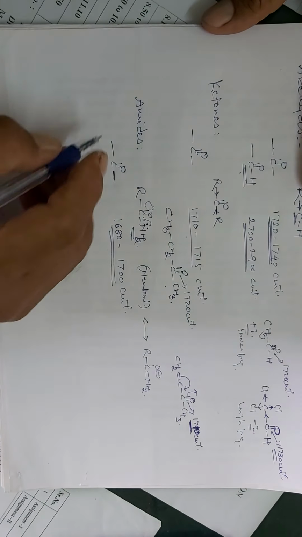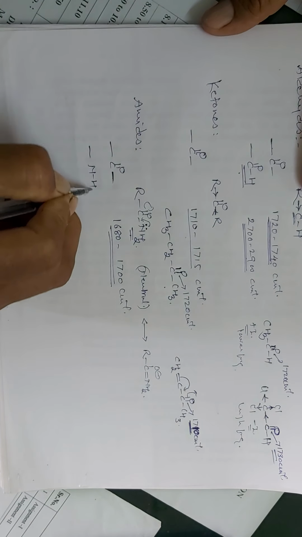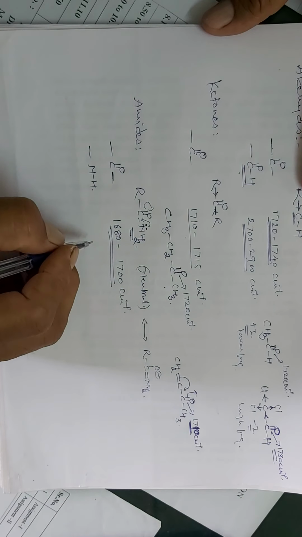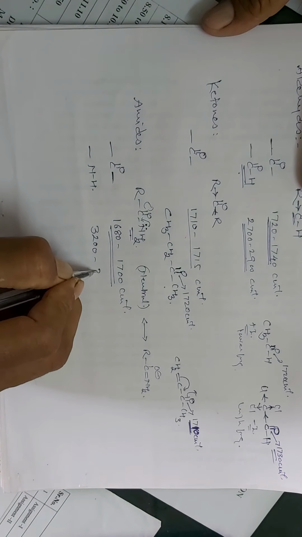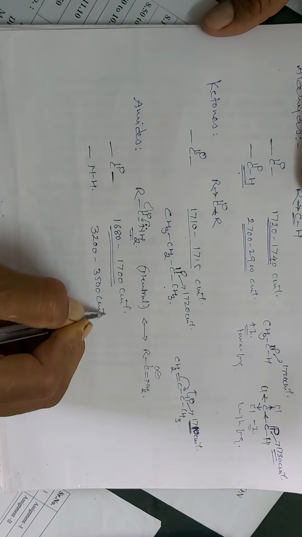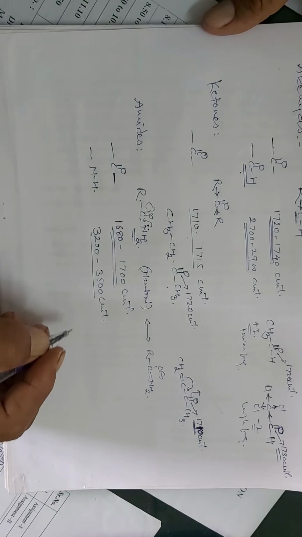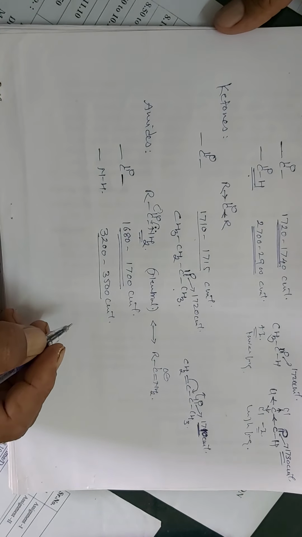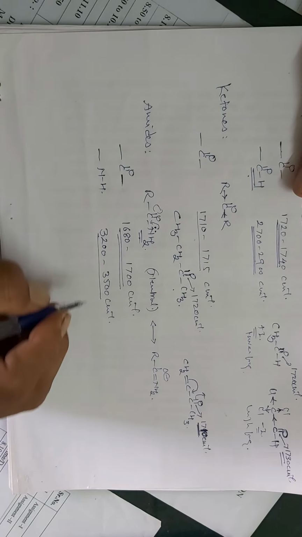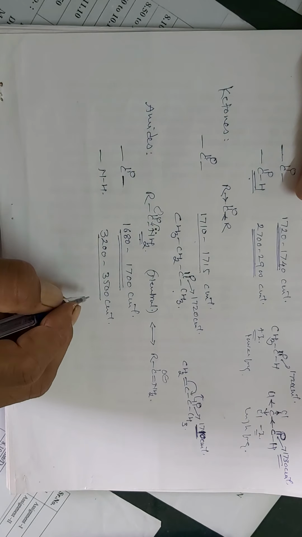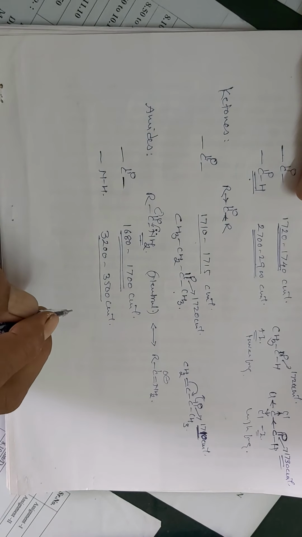Along with this, in amides you will get a strong NH band around 3200 to 3500 reciprocal centimeter. It may be primary, secondary, or tertiary, and the distinguishing features of primary, secondary, and tertiary amines can be seen in the spectra.